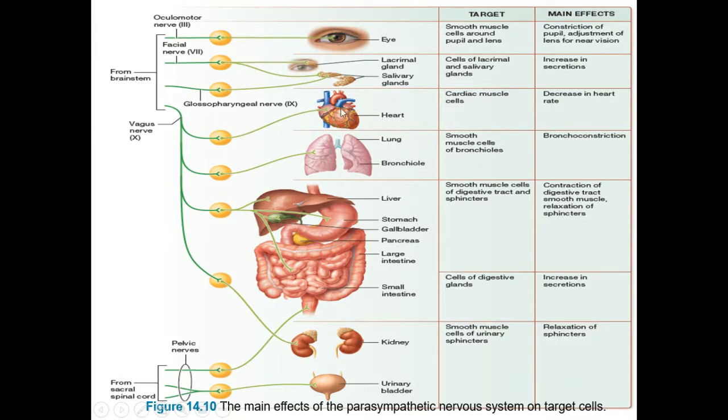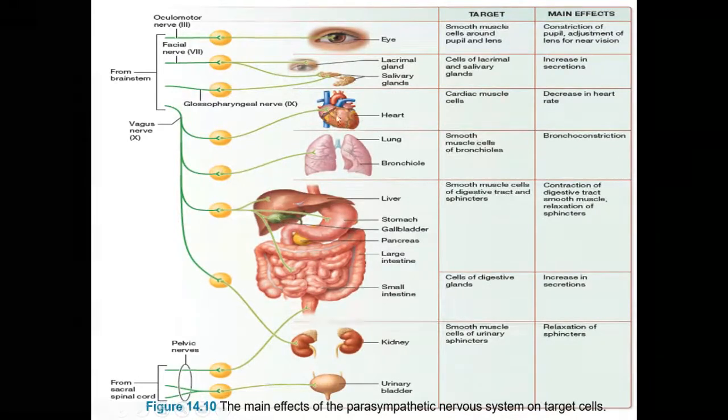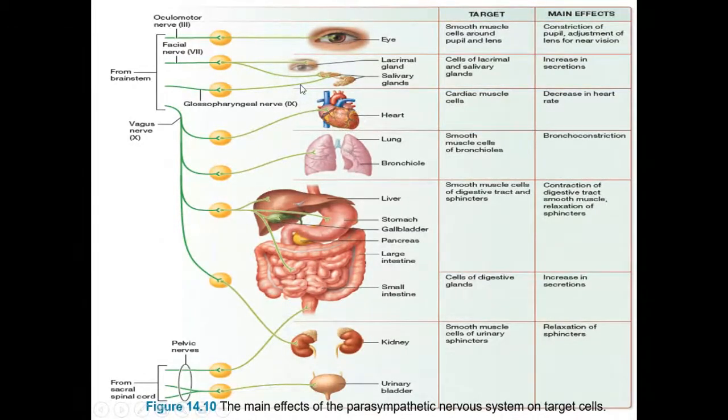Your heart is probably going to go down. Your heart rate is going to go down. Cardiac output goes down. Blood pressure goes down, all the way down to the 60s, right? 60s in heart rate, 120/80 in blood pressure, or even a little lower than that. And then what are the lungs going to do?